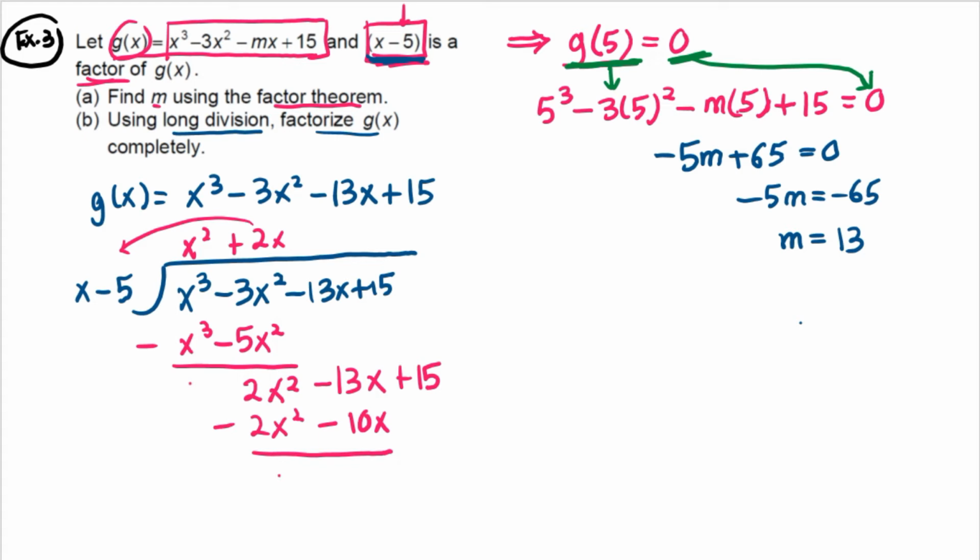Negative 13x plus 10x gives a negative 3x plus 15. Now I divide by x, so I have a negative 3. For multiplying back, negative 3 multiplied by x is negative 3x, and negative 3 multiplied by negative 5 gives a positive 15. Therefore you get 0 here. Why 0?